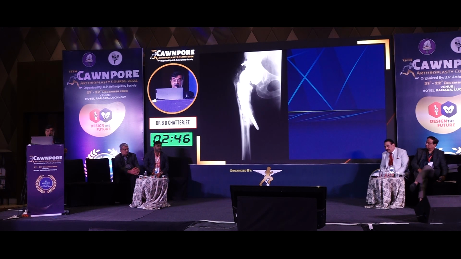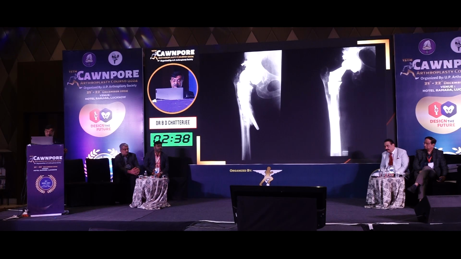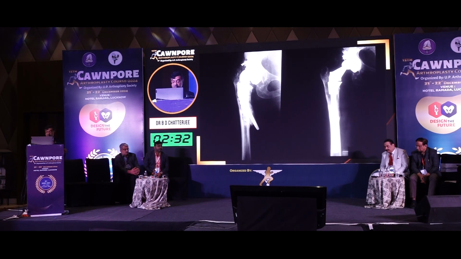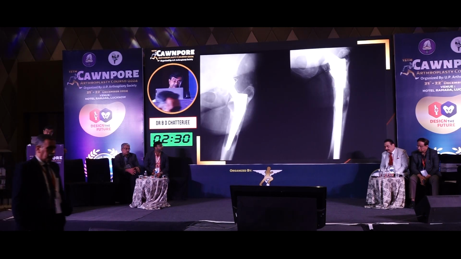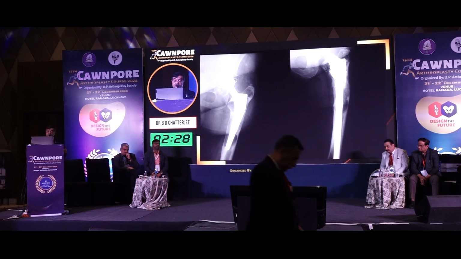Another example where the stem has perforated through the femoral canal, and a rather difficult situation was handled again with an S-ROM stem after removing all the bone cement. Fortunately, we did not need to do an extended trochanteric osteotomy here.